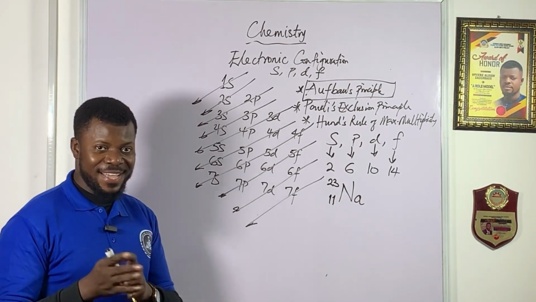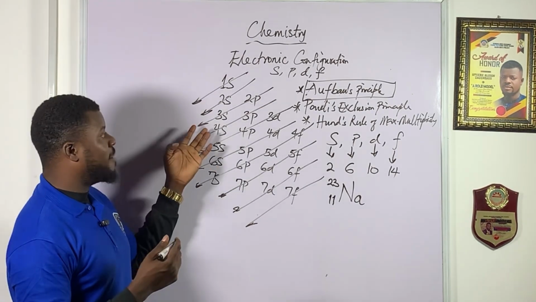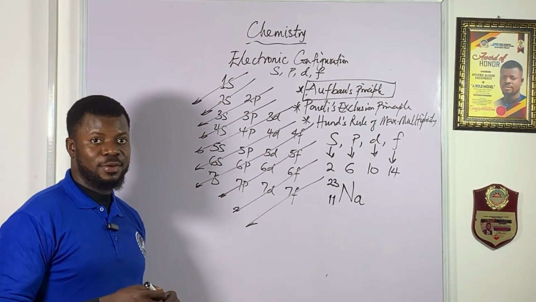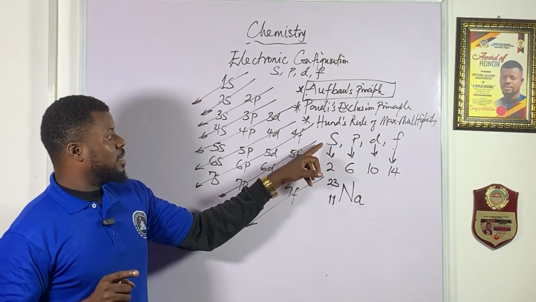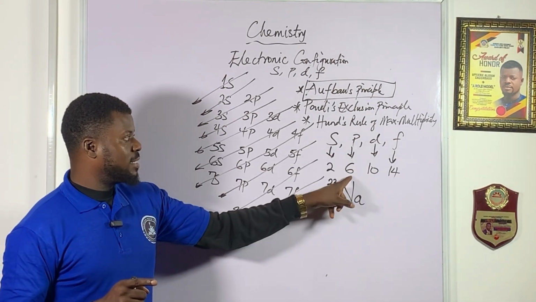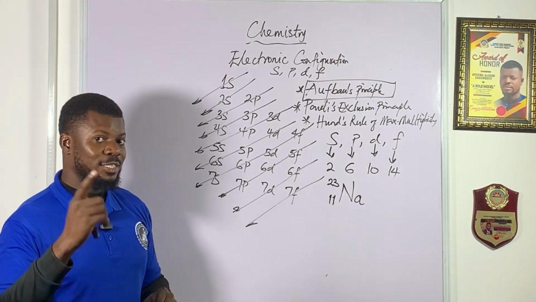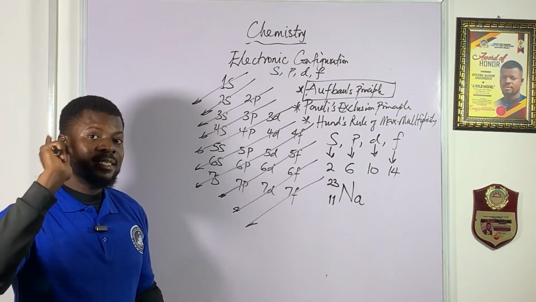Does that make sense? Okay, so now how do we build that? It's simple. Using the Aufbau principle, that's essentially what we're concerned about. Remember that the maximum electrons the s orbital will take is 2, p orbital 6. Don't exceed that.